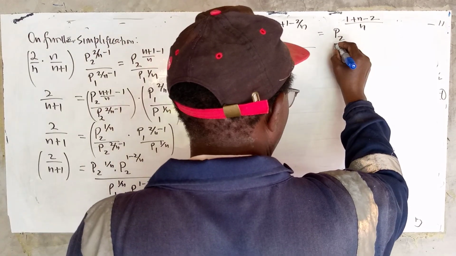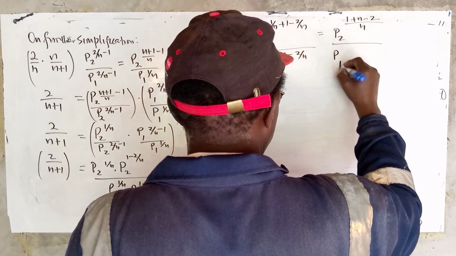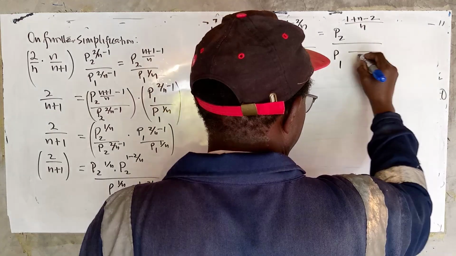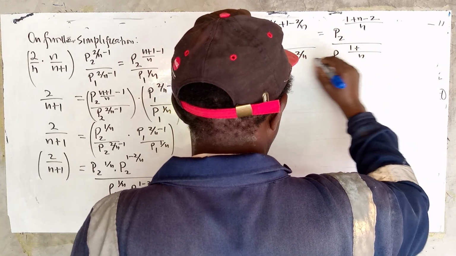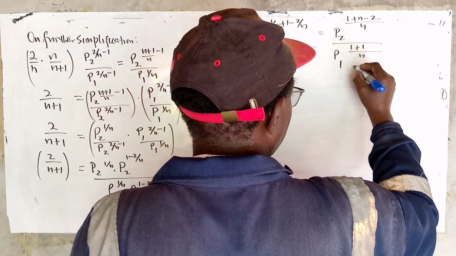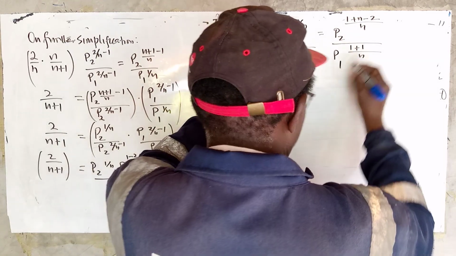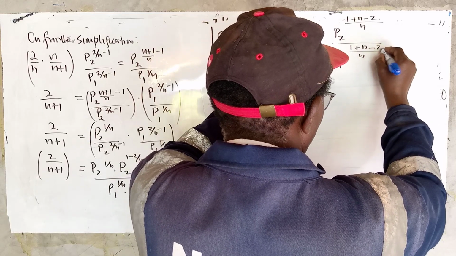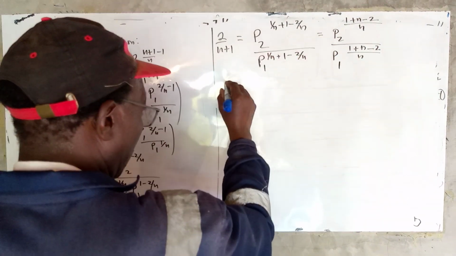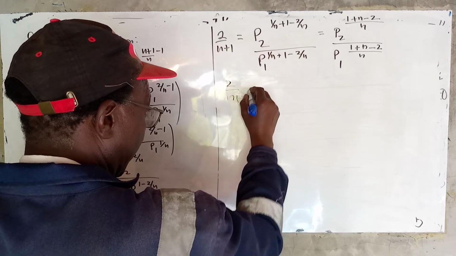This other one will be P1, n, 1 plus 1 plus n minus 2. And so that will be 2 over n plus 1.